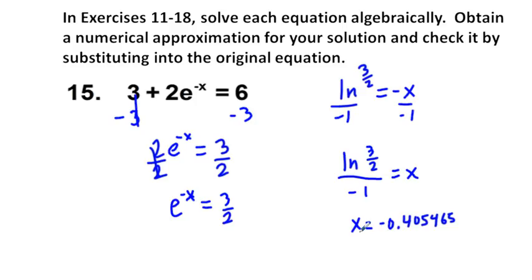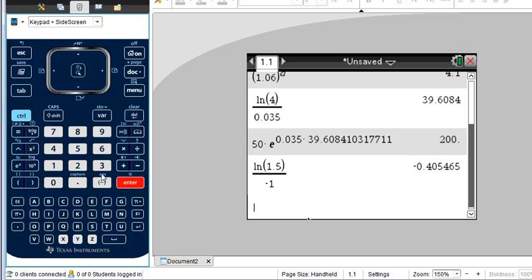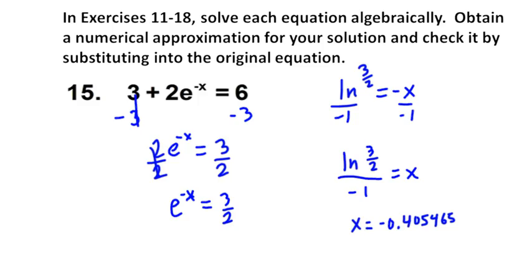So that's what our answer should be, but then we're going to plug this back into our original equation. So we're going to put 3 plus 2e to the negative x, using this number for x. So doing that, we have 3 plus 2 times e, oops, I put ln, I'm going to put e to the negative x.